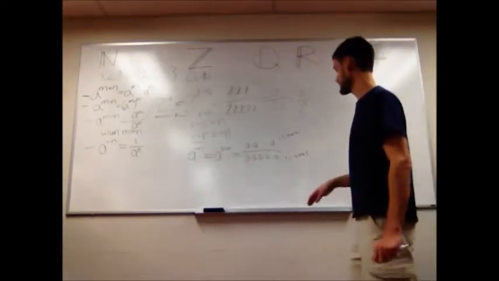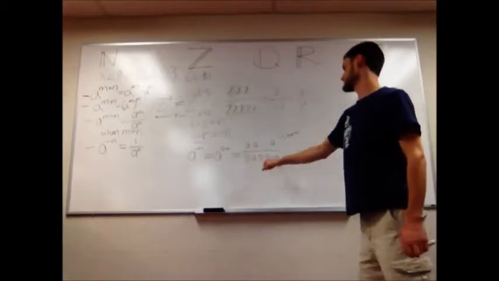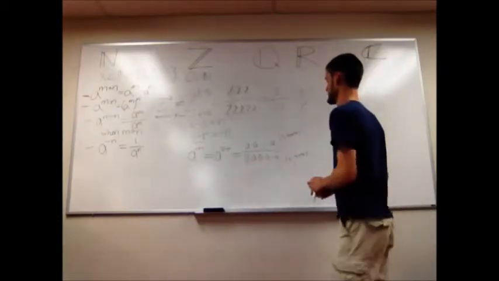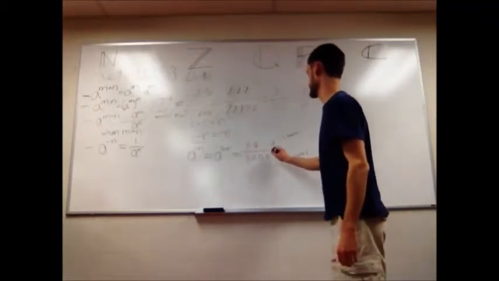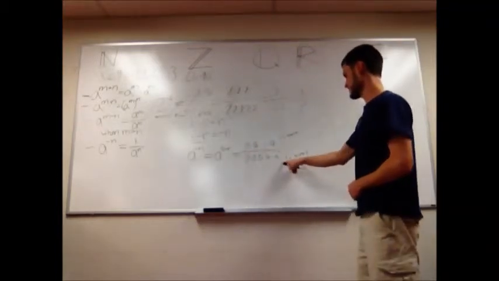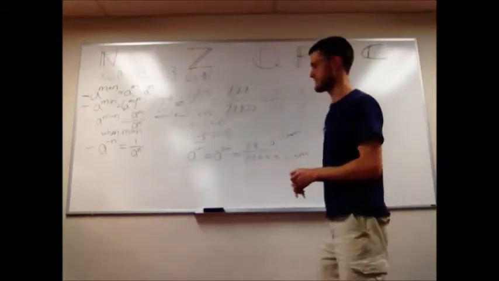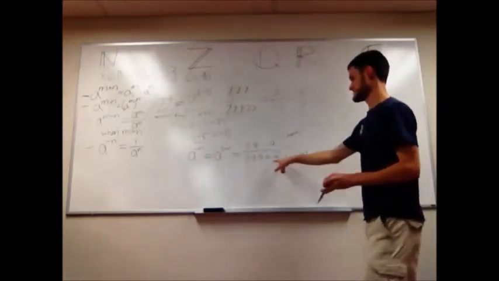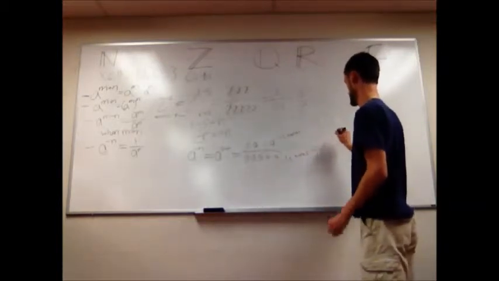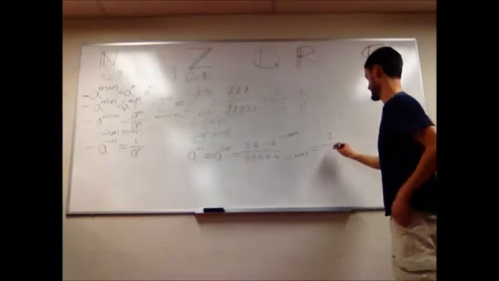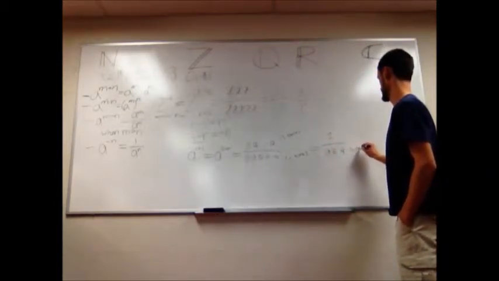But we know r is greater than s, which means we're going to have more a's down here, as I kind of indicated, than a's up top. We're going to be able to cancel them all out, but we're going to be left with the difference. We're going to be left with n a's on the bottom of our quotient, which is going to be 1 over a, well, that's n times.